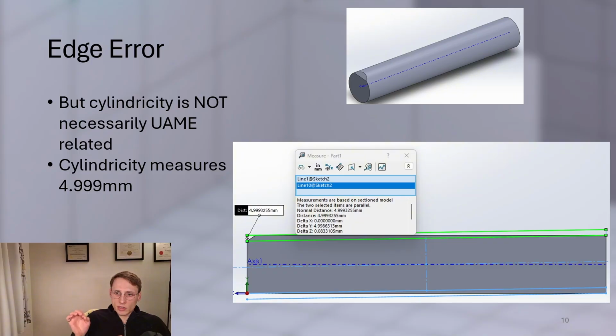However, it is interesting that there is this little artifact in the standard that either means that the cylindricity by definition must be around the unrelated actual mating envelope axis, or that this was a mistake or oversight and should be corrected. I think in either case, in the next version of the standard, it should be said explicitly that cylindricity is to be measured around the unrelated actual mating envelope axis.